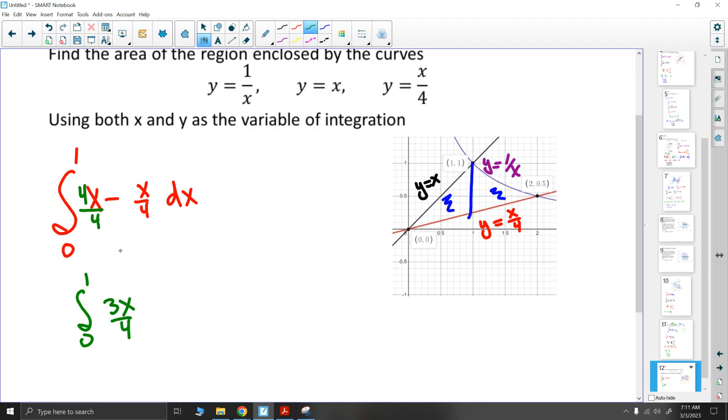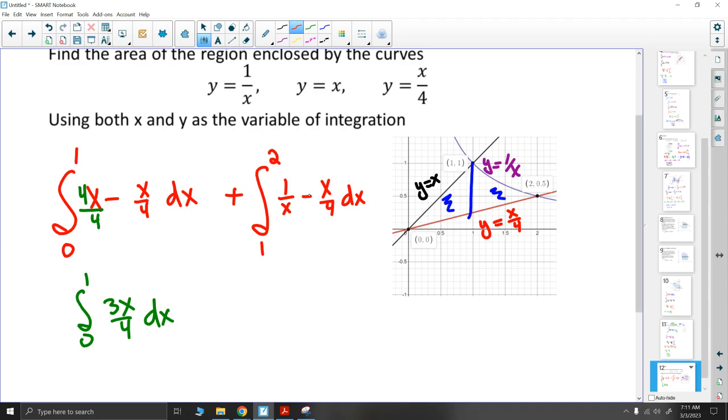So this is our left-hand portion that we're going to be integrating. Let's talk about the right-hand side though while we're at it. This will be added to the integral from 1 to 2 of the upper function, which is 1 over x, minus the lower function, which is x over 4.